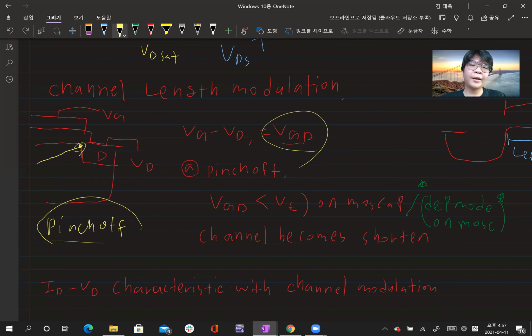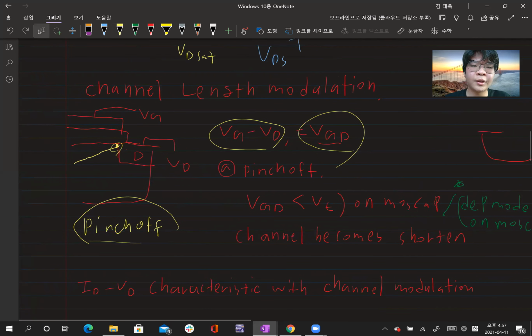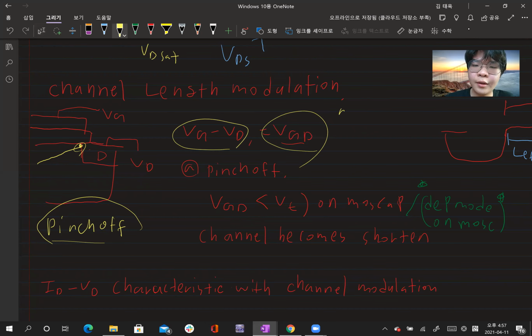So as we keep giving a drain bias that keeps going up, there's a pinch off, which means that at the MOSFET there is a threshold voltage, like here, which is defined as strong inversion between depletion regions.